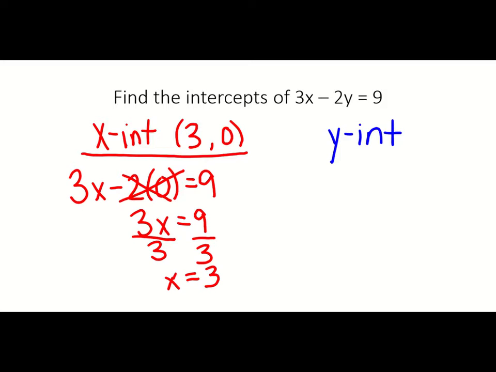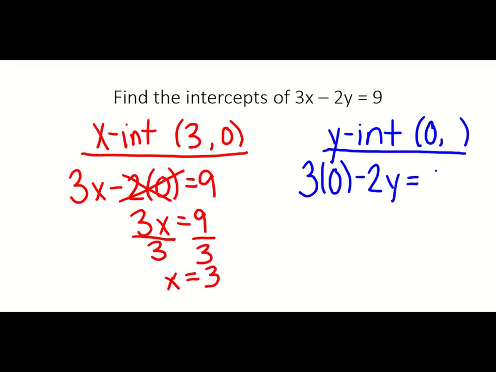Now, the y-intercept is a point you get by plugging in 0 for x and figuring out the remaining number. So in this equation, I'm going to replace x with 0 and finish solving the equation for y. So 3 times 0 will cancel out because that's 0, and I'll have negative 2y equals 9 left.